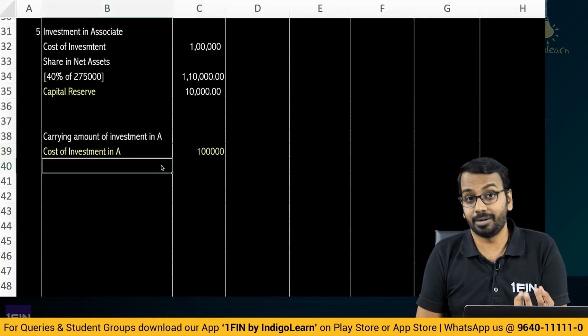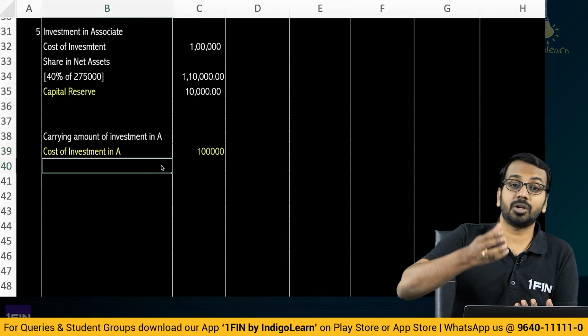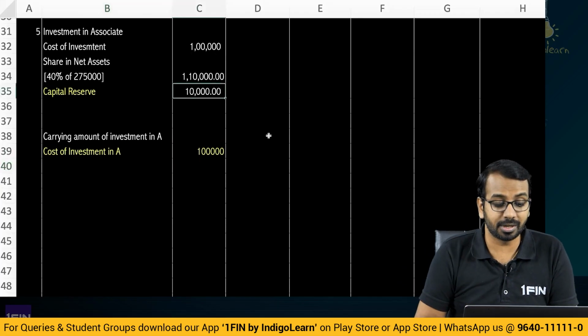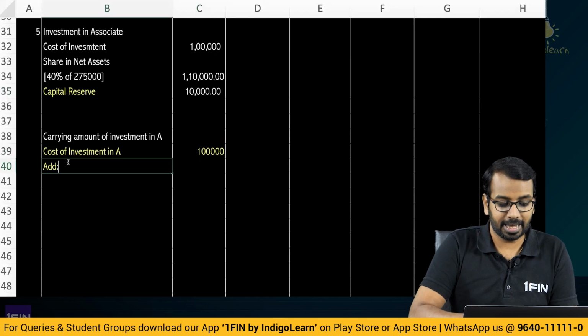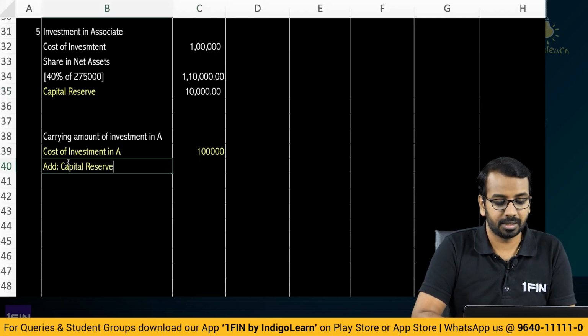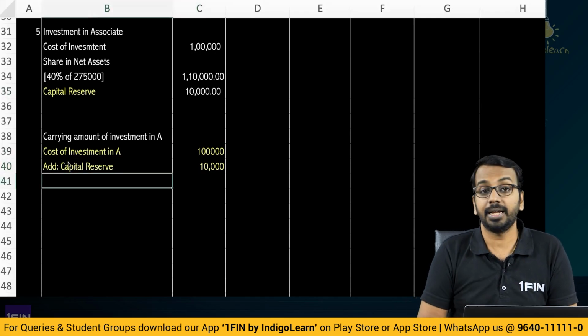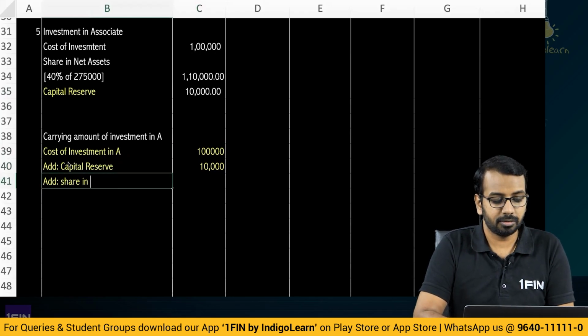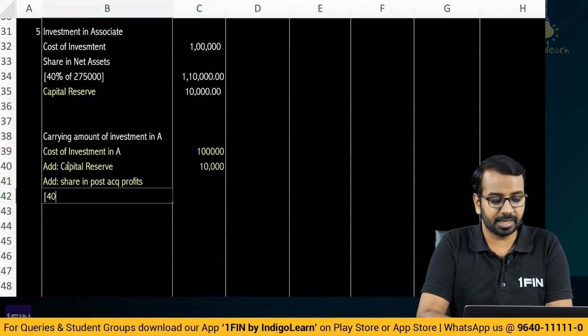And because there is a capital reserve which indicates that net assets of A is higher, how much is the capital reserve? 10,000. So, you have to add that, add capital reserve 10,000, right. Then what do we add? We add share in post acquisition profits. How much is this? 40% of.